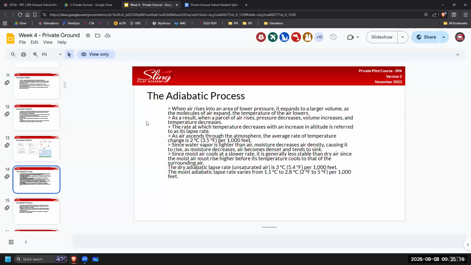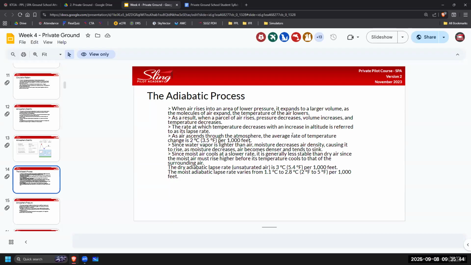Okay. So this has to do with water vapor in the air. Water vapor is lighter than air. So as moisture decreases air density, it causes it to rise. So if there's more moisture in the air, the water molecules are taking up more space where the air molecules are, right?